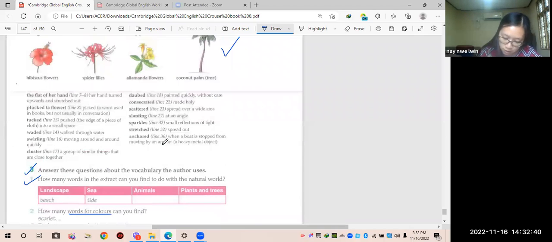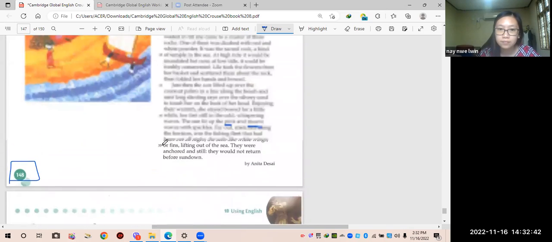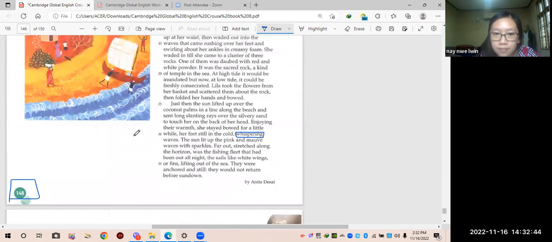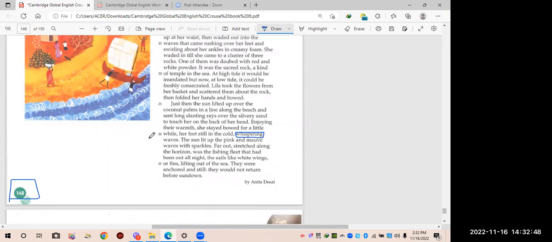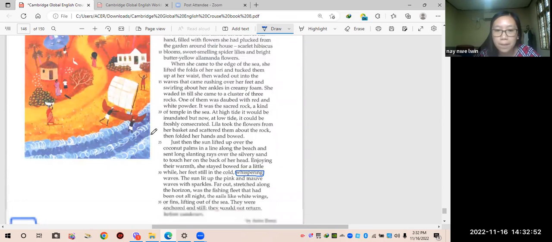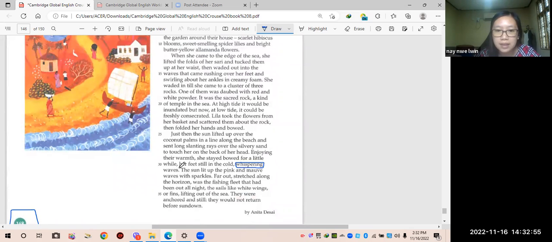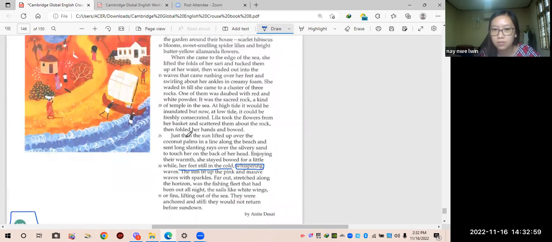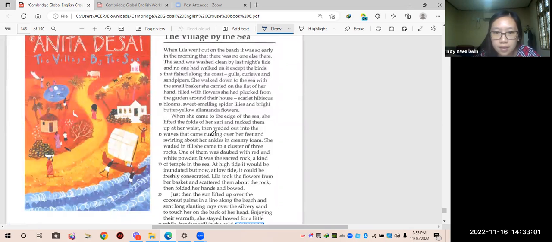Hot ankles in creamy foam, and the hot feet still in the cold, right? So it can show the sense of touch.